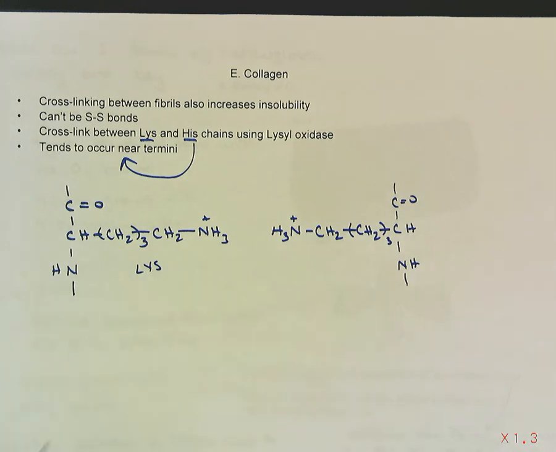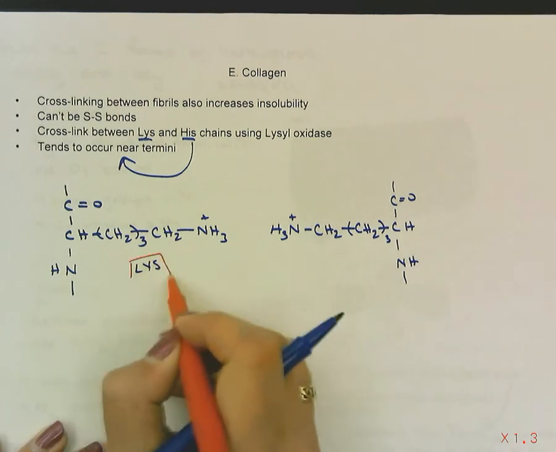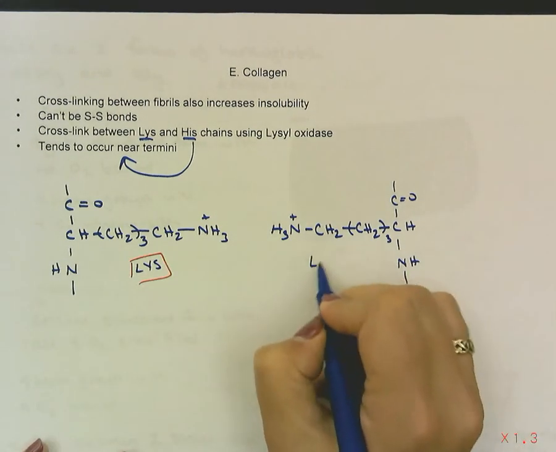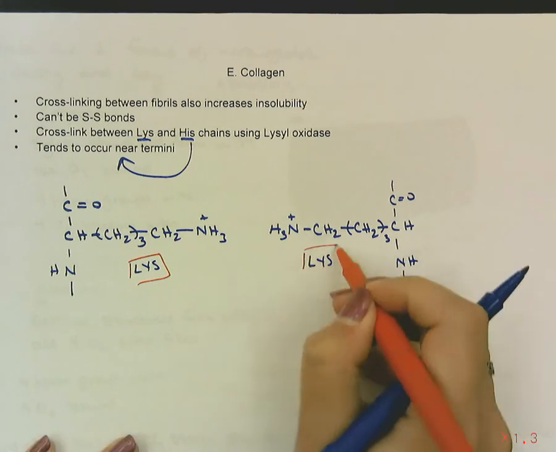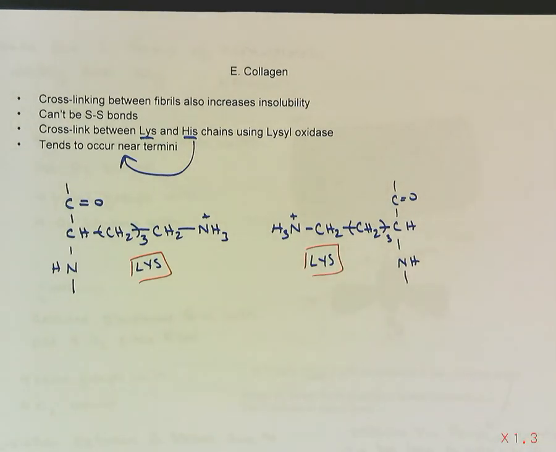So that's a lysine. This guy over here is a lysine. The same reaction would occur if it was two histidines or a histidine-lysine combination. It's just a little easier to show when they're both linear molecules.